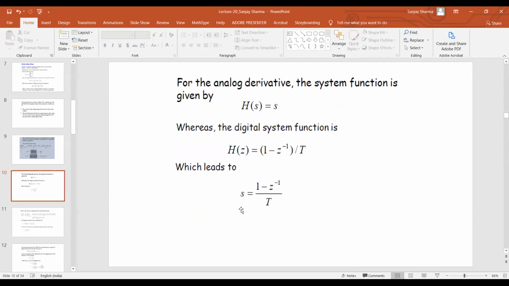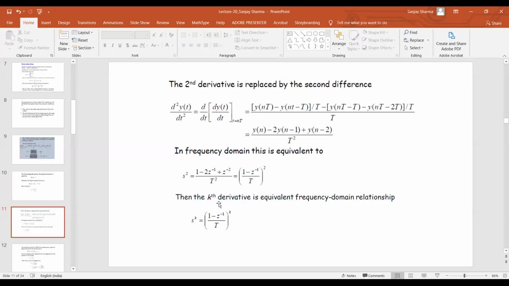For the second derivative, s square is equal to 1 minus z to the power minus 1 divided by T whole square. And in the general case, for the kth derivative, it is equivalent to s to the power k equal to 1 minus z to the power minus 1 divided by T whole raised to the power k. This is for the kth derivative, right? So what we are doing is approximating the derivatives in the differential equations to convert an analog filter to a digital filter.